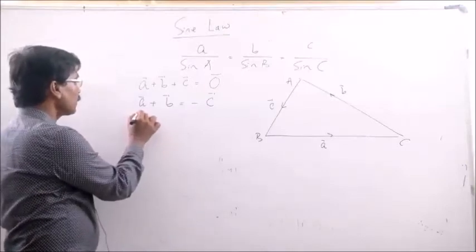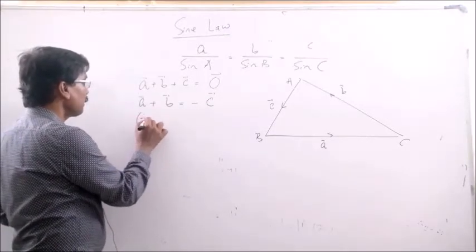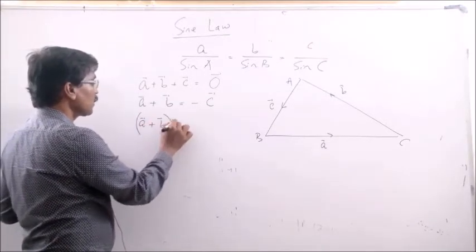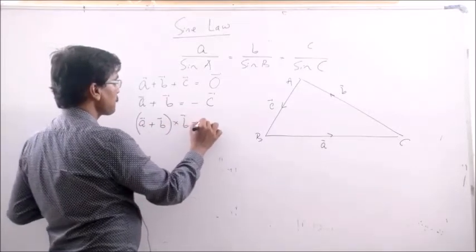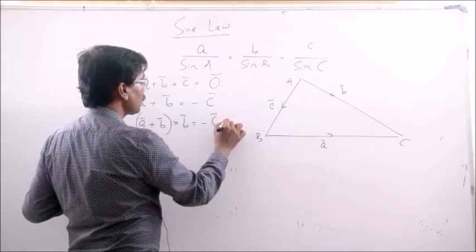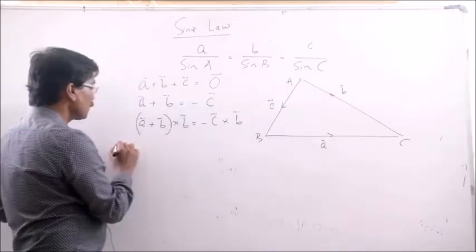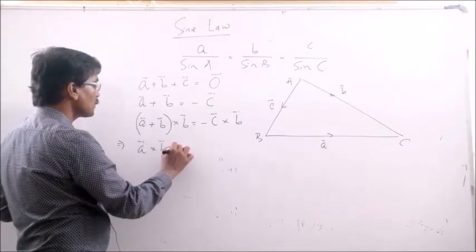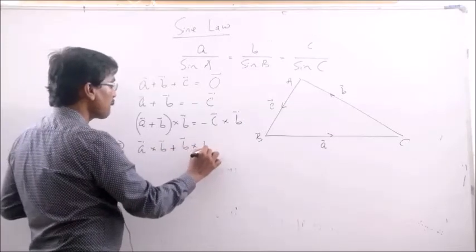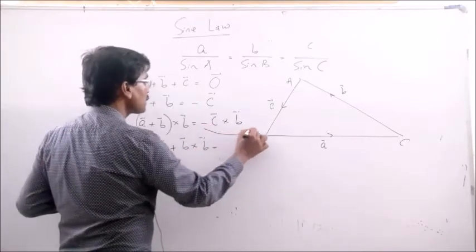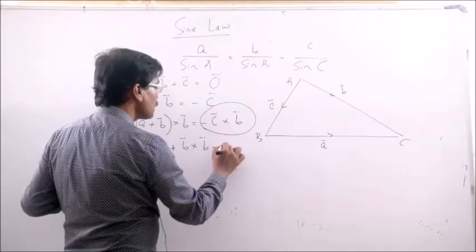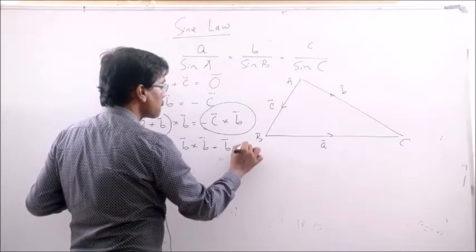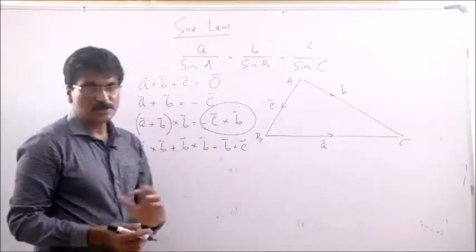Now if we take the cross product, (a plus b) cross b vector is equal to minus c cross b vector. So this is equal to a cross b plus b cross b, and minus c cross b is equal to b cross c, because the vector product is not commutative.